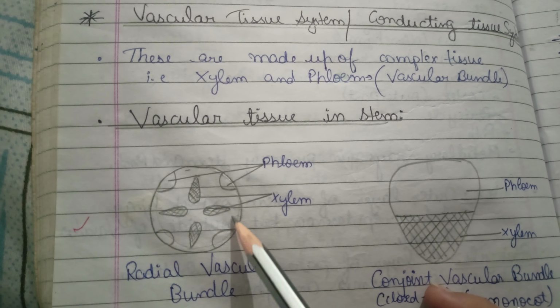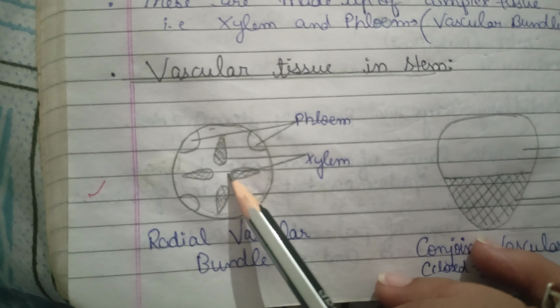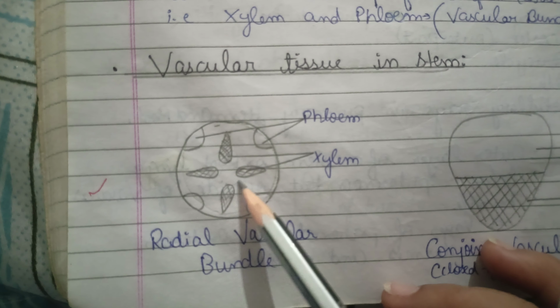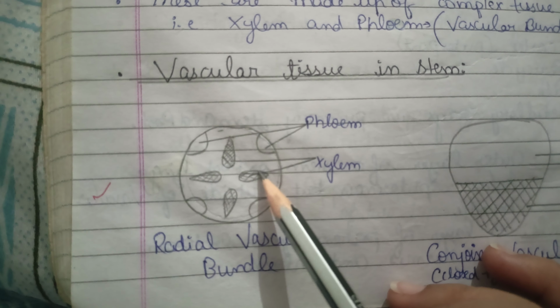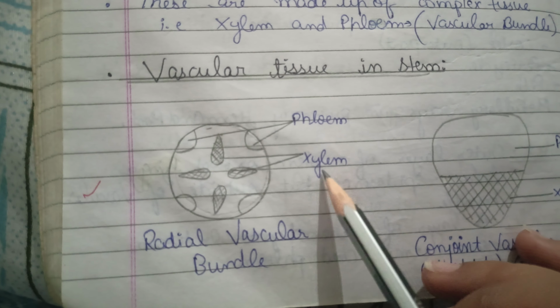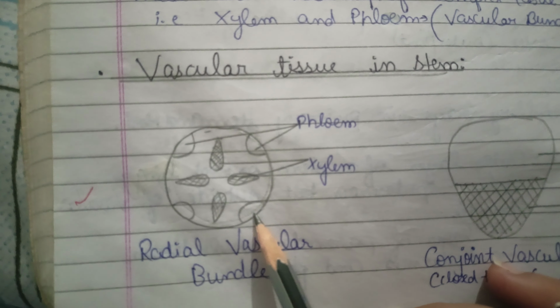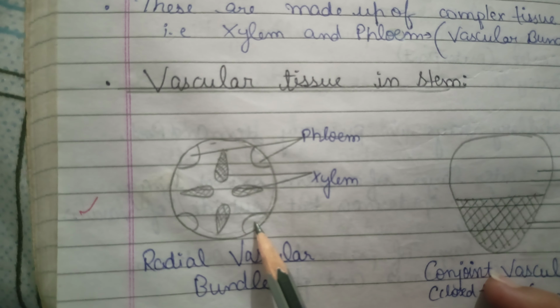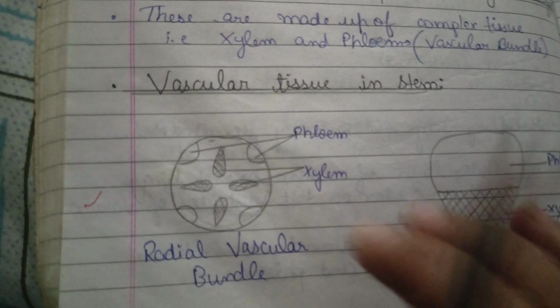It means that xylem and phloem are not present together, they are separately present on different radii, as well as alternately. Such an arrangement of xylem and phloem is called a radial vascular bundle. Generally the radial vascular bundle is found in the roots.